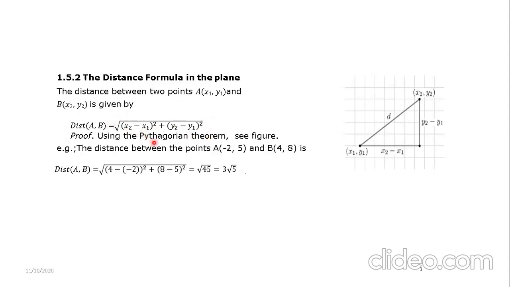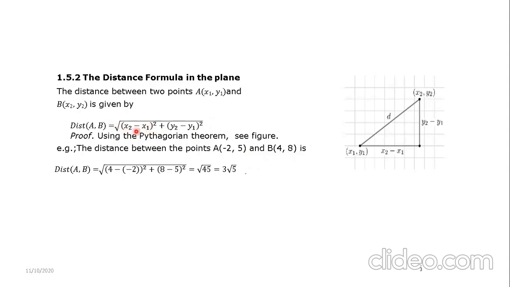For example, if you want to calculate the distance between the 2 points A, -2 and 5, and B, 4 and 8. It doesn't matter if you start with x1 or x2 because the difference will be squared, so it will not differ.